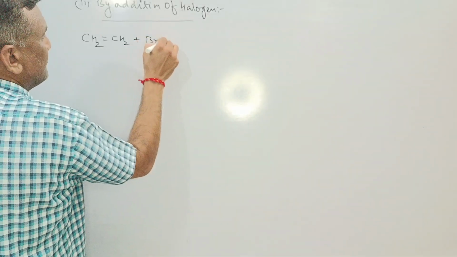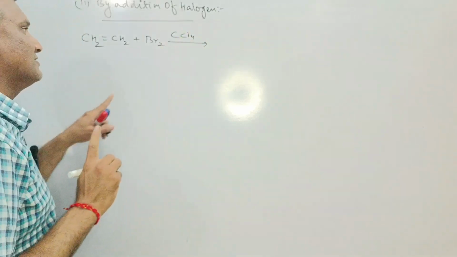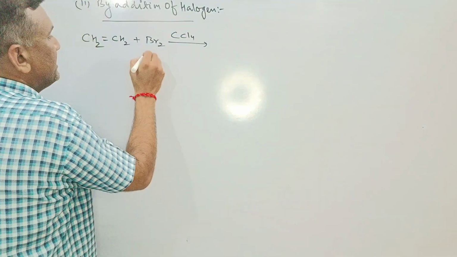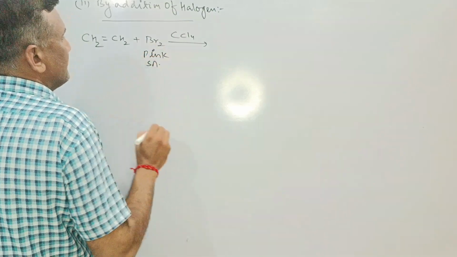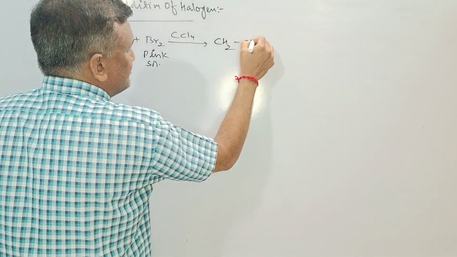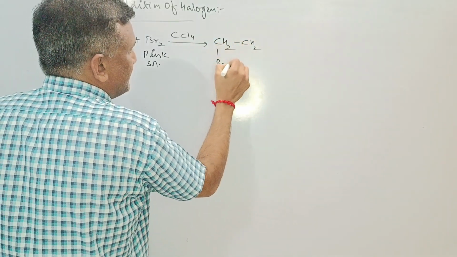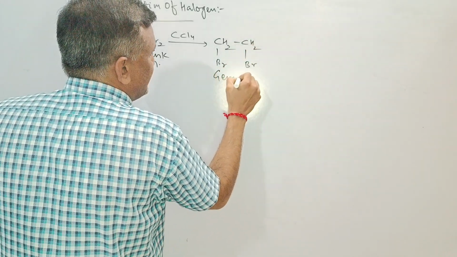This is the Br2 in the presence of CCl4. Whenever we dissolve Br2 in CCl4, it gives a pink solution. Whenever it reacts with it, there will be formation of CH2Br and CH2Br. Here there will be formation of a dihalide.